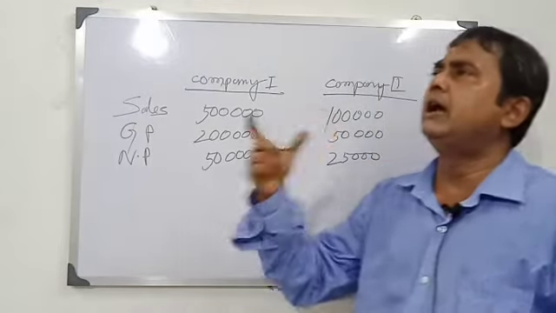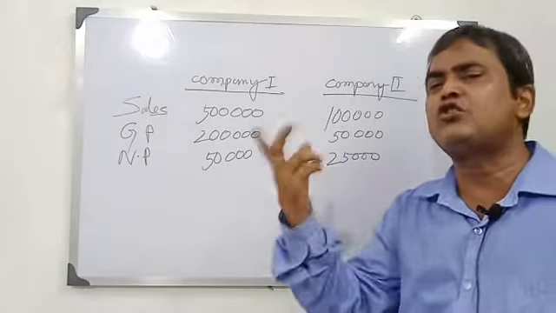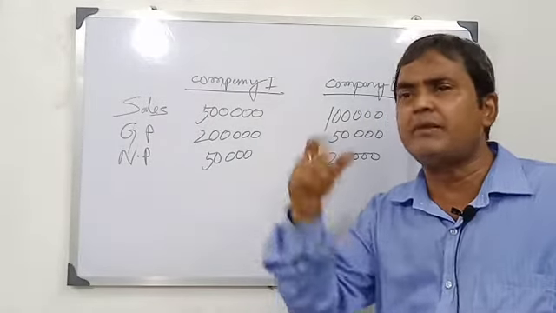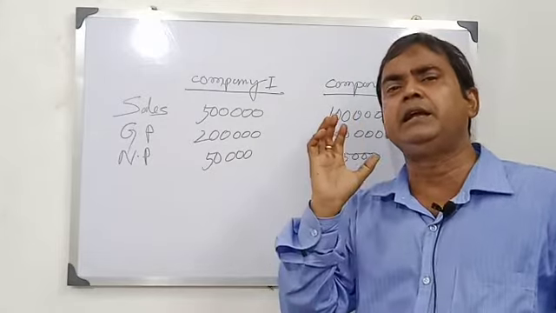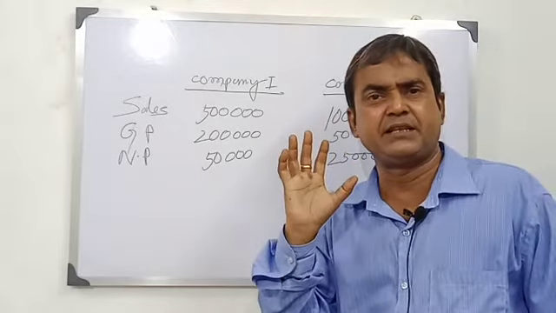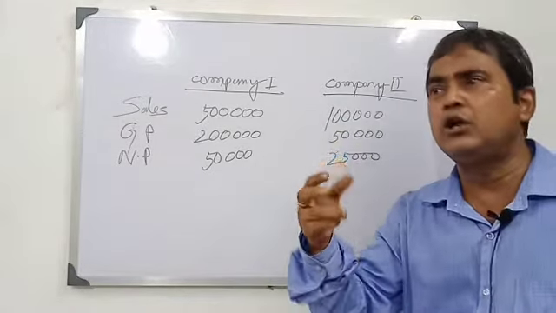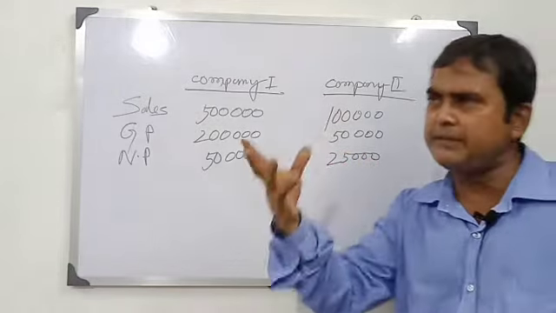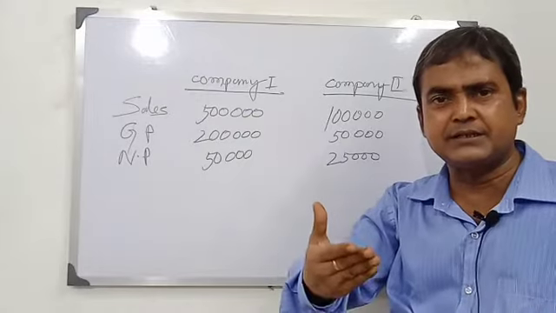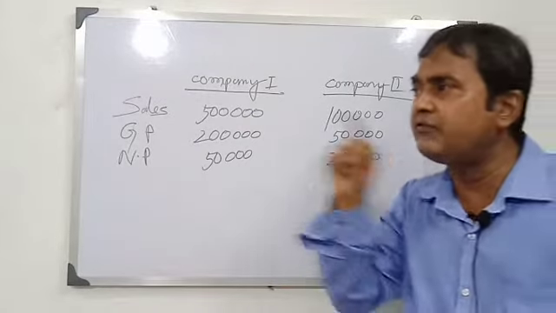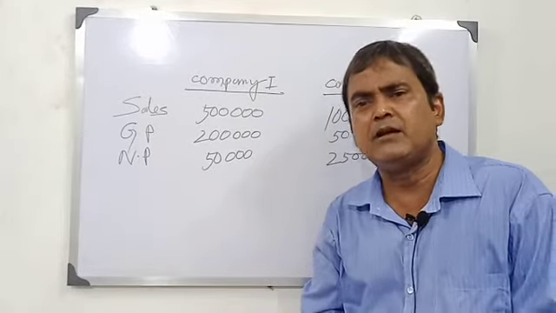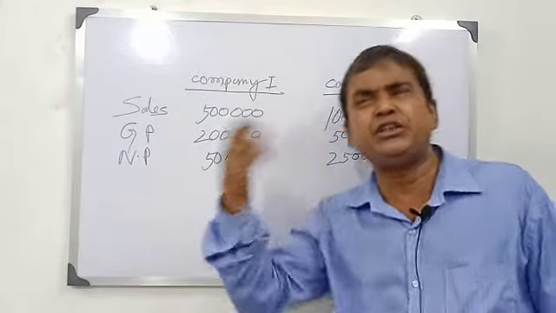Now, a single ratio does not have any particular implications for a firm or company. When you compare at least two or more ratios, either for the same company over the years, then we can find out whether there is improvement or deterioration.